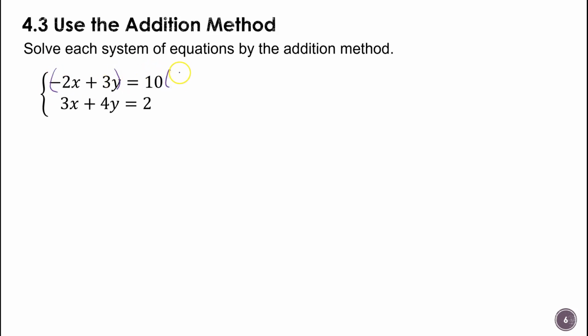So I'm going to multiply the first equation times 3. And I'm going to rewrite it over here. So that's negative 6x plus 9y equals 30. Just trying to keep this organized is helpful. On the second equation, remember I'm going to multiply that so that I can get the opposite of negative 6x. So I multiplied this equation times 2.